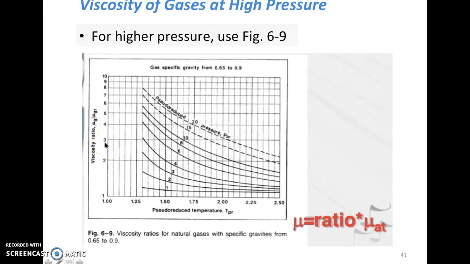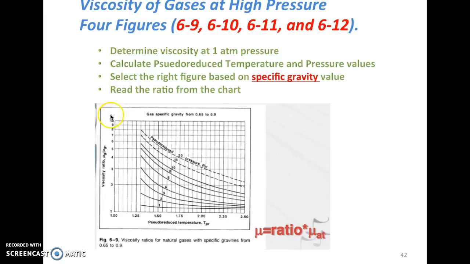What is viscosity ratio? Viscosity ratio is the viscosity at a certain pressure divided by viscosity at atmospheric pressure. So if you read the viscosity ratio here and calculate the viscosity at atmospheric pressure, you should be able to calculate the viscosity at any pressure.